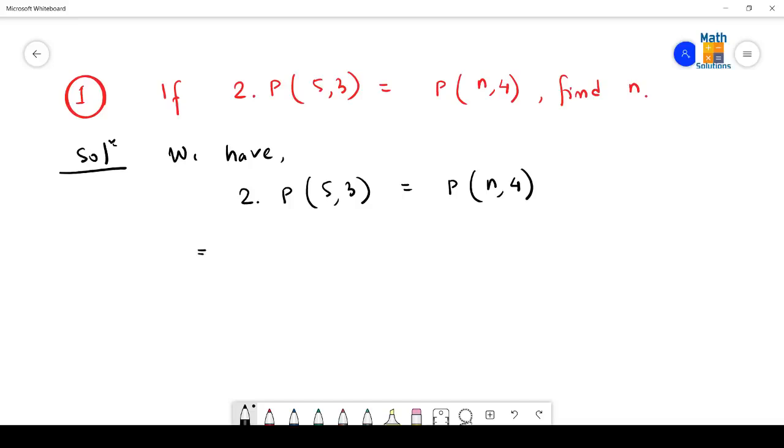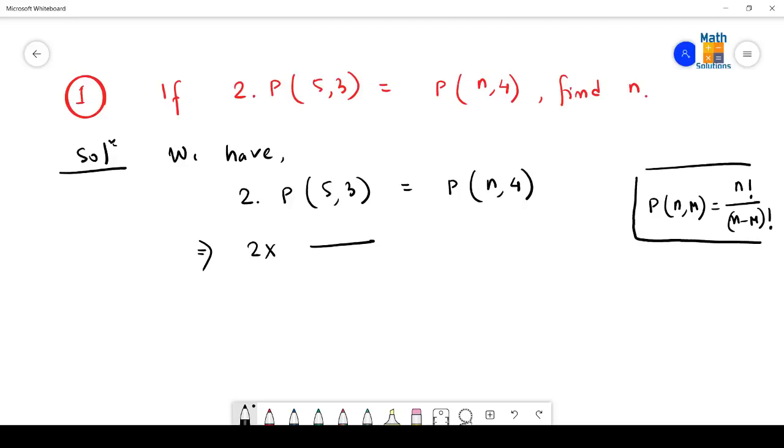So here I can write 2 into, using the formula of permutation like this, P n comma r is equal to n factorial divided by n minus r factorial. So this formula I shall be using here. So how can it be used? 5 factorial divided by 5 minus 3 factorial is equal to, in the same cases here, n factorial divided by n minus 4 factorial.